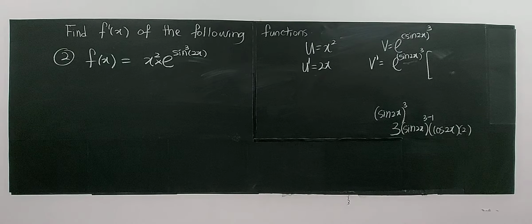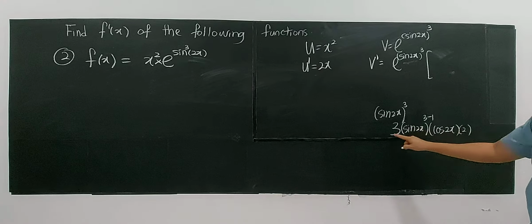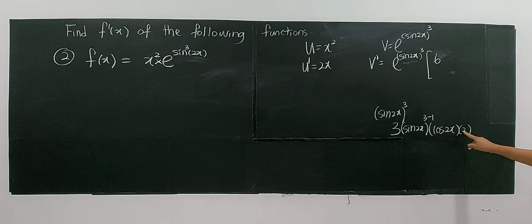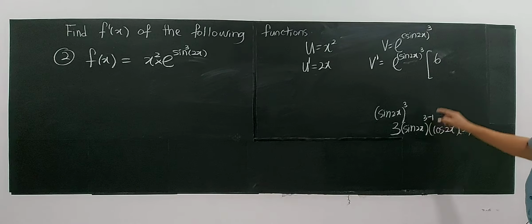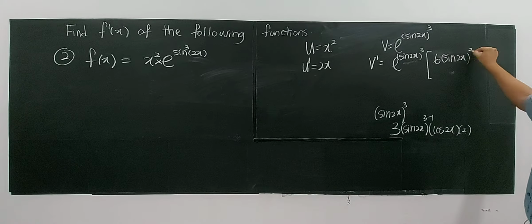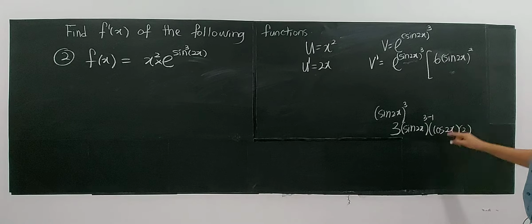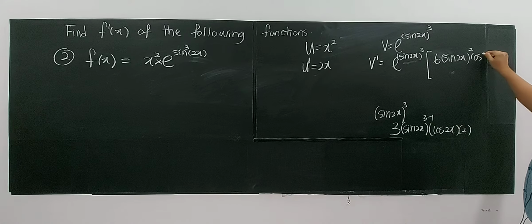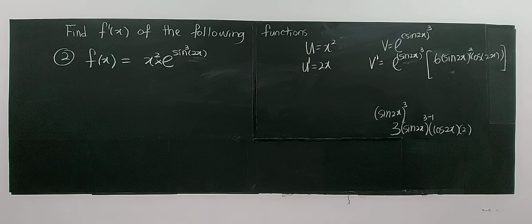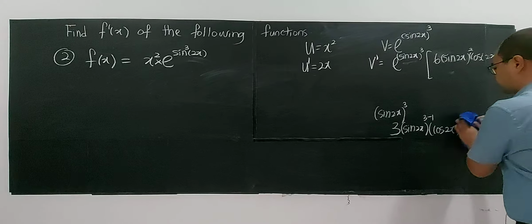So overall here you have 3 times 2, which is 6, sine 2x to the power of 2, cos 2x, right? So this is your v prime.